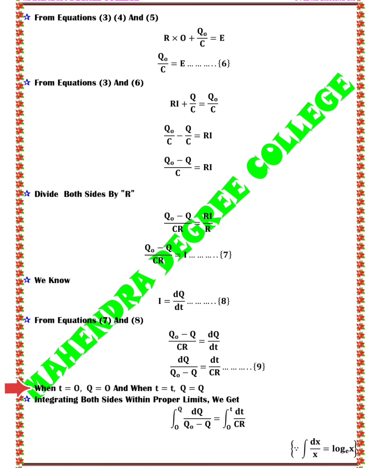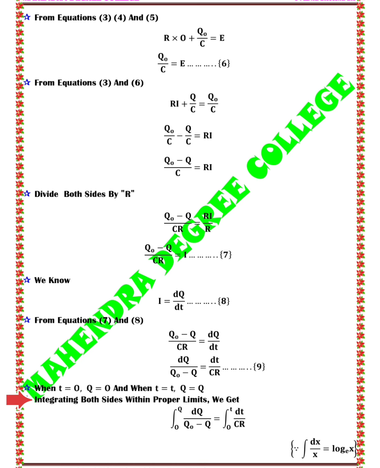When t equals 0, q equals 0, it signifies that at the initial time t equals 0, the charge q is also 0. When t equals t, q equals q, it signifies that at time t, the charge is q.